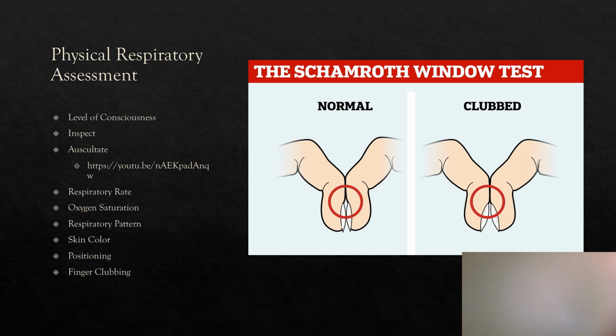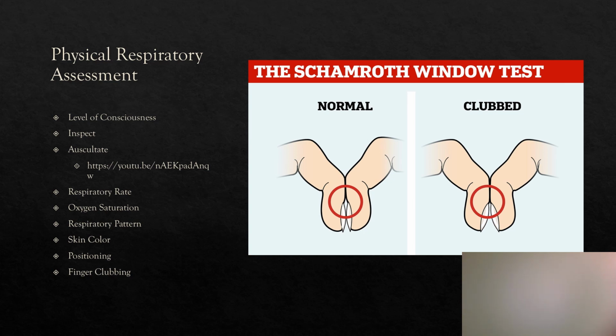Then we're going to auscultate. We use the diaphragm of the stethoscope and we listen over the anterior chest and the posterior chest. Make sure that you warm that stethoscope between your hands before you put it on someone's bare skin. Nothing quite like cold metal being placed on the skin. Then we instruct the client to inhale and exhale through their mouth.